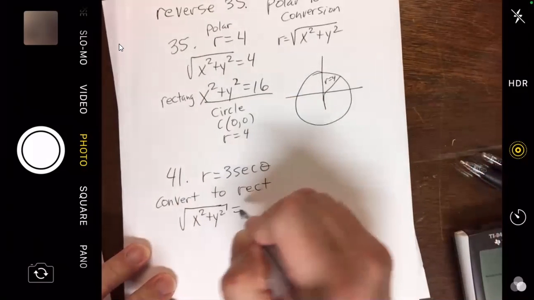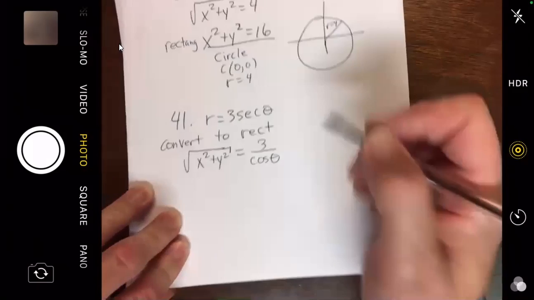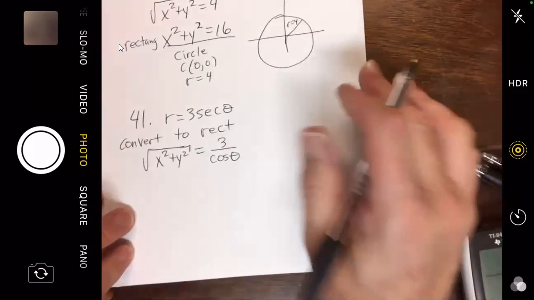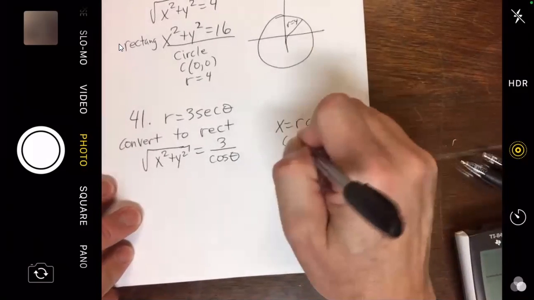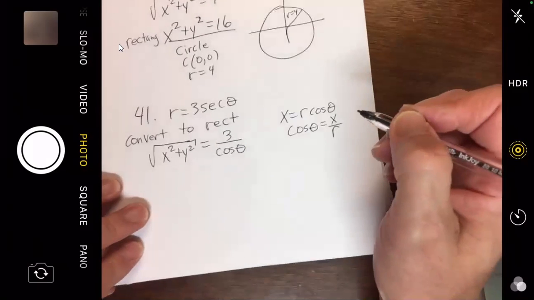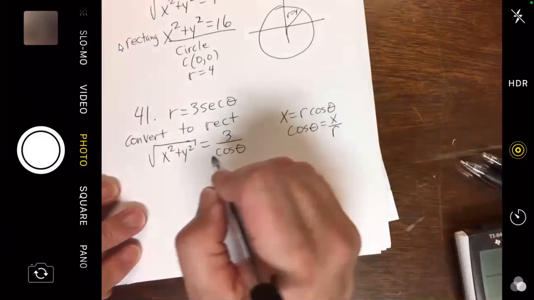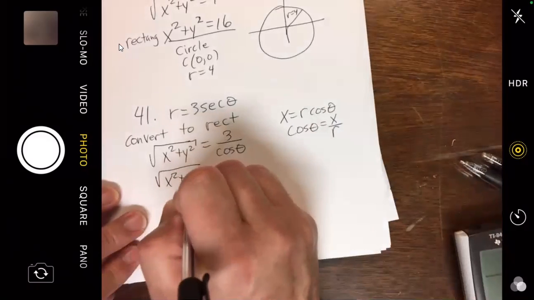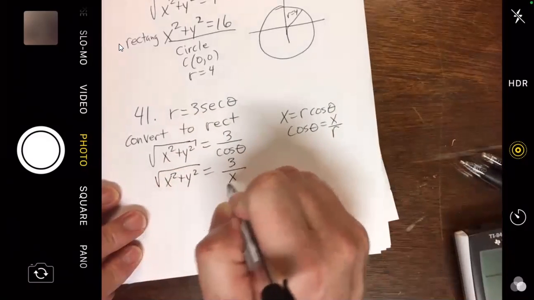Plug that in, over cosine theta. Secant is 1 over cosine. Now remember, x is r cosine theta, so cosine theta is x divided by r. So you're going to get the square root of x squared plus y squared equals 3 over x divided by r.